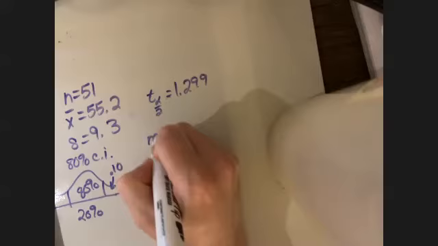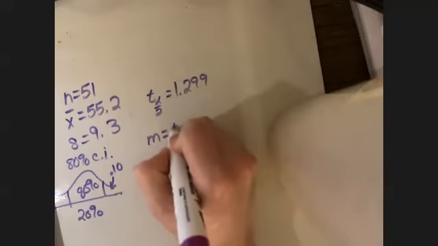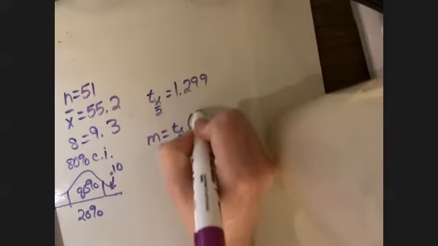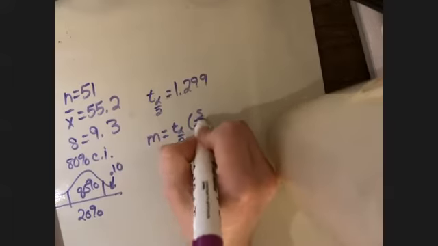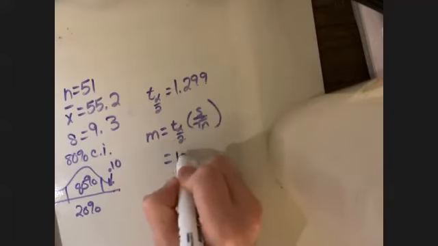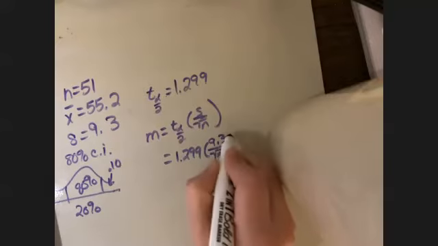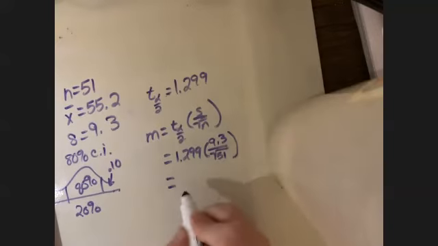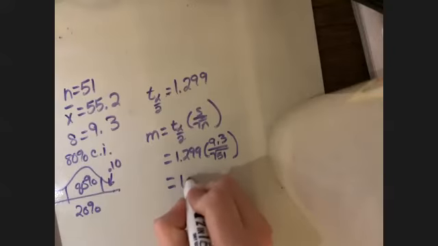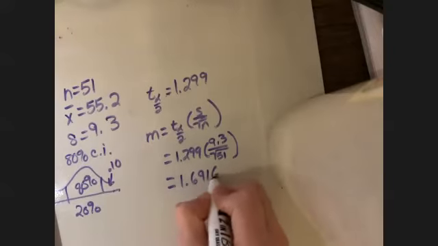Now, in order to find our margin of error, which again is T sub alpha over 2 times S over the square root of N, this is 1.299 times 9.3 over the square root of 51. So when you put that onto a calculator, you are going to get 1.6916.